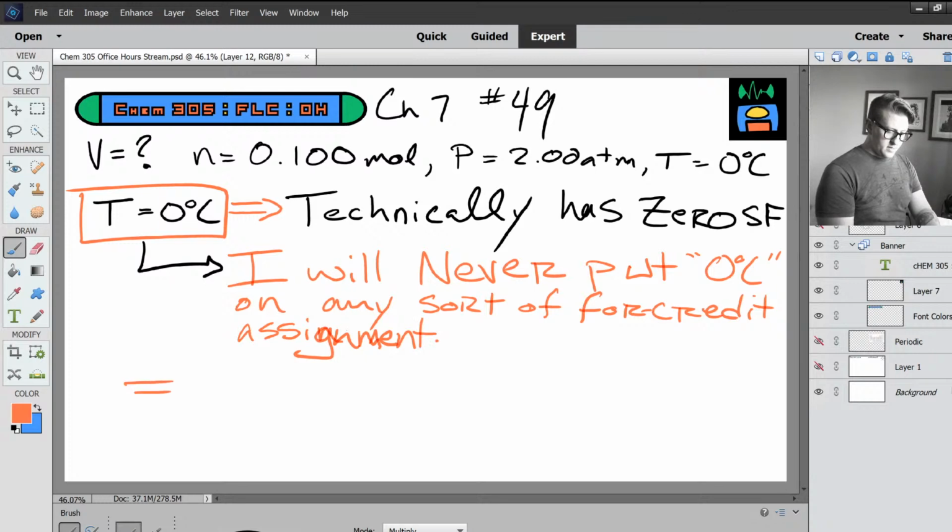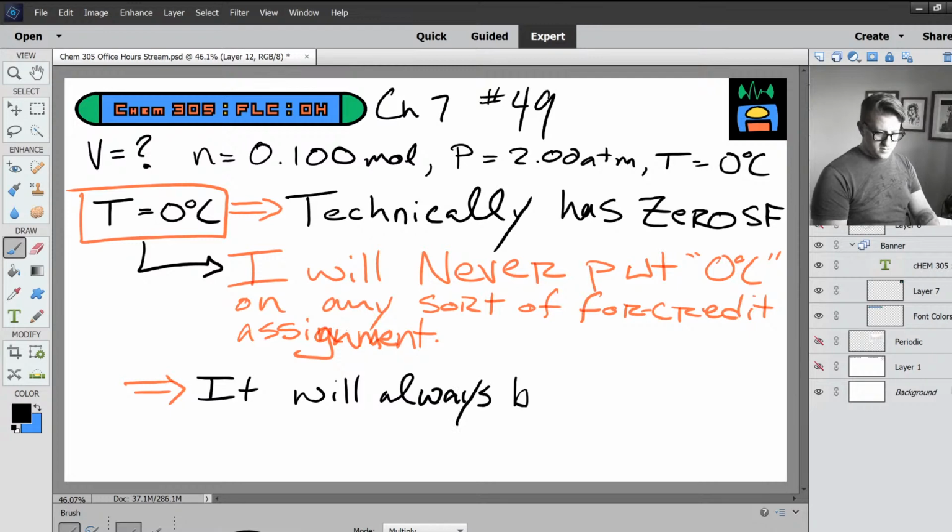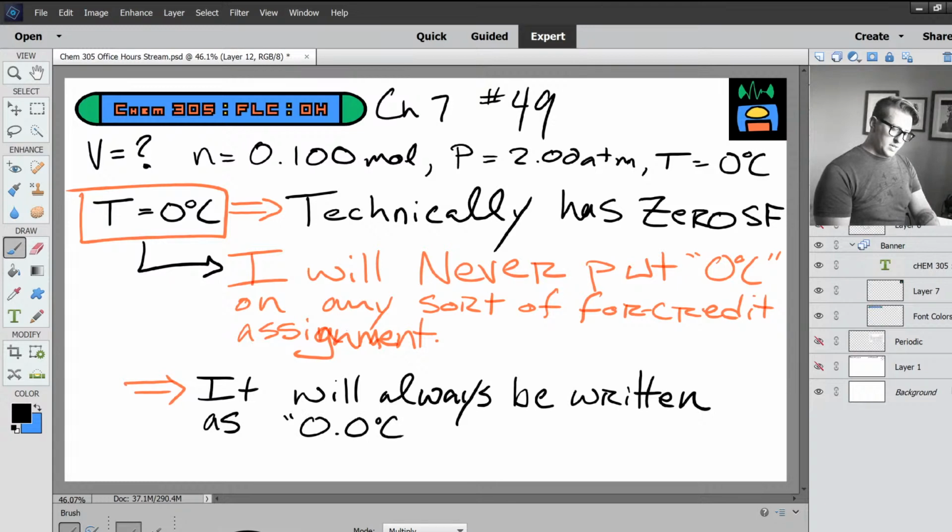It will always be written as 0.0 degrees C or 0.00 degrees C or some such thing.